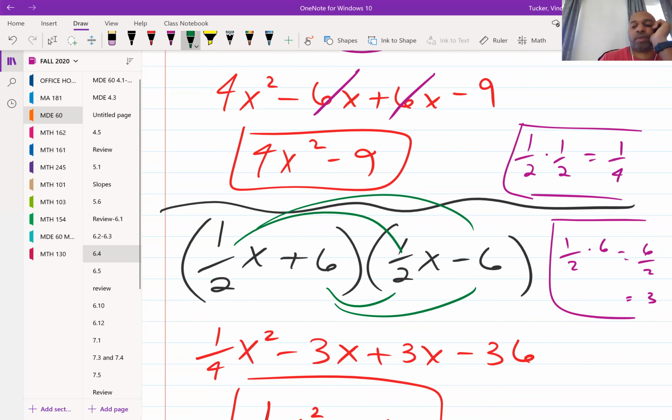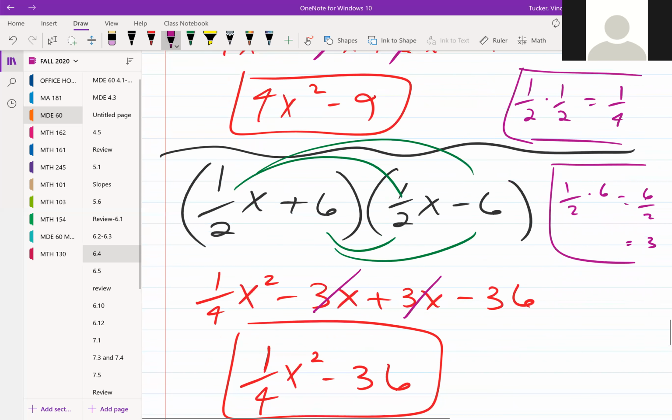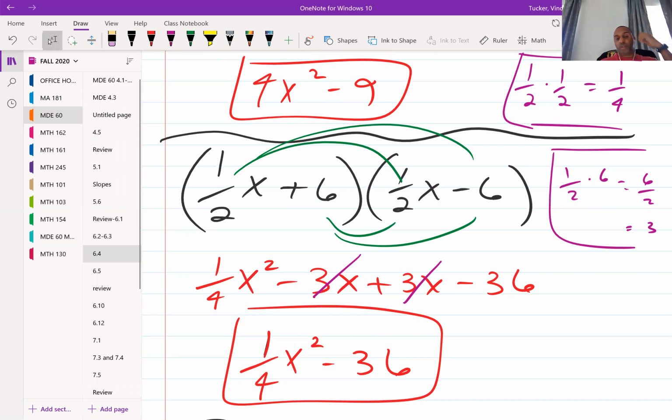Then I had to do 6 times 1/2, once again, is 3. And then 6 times negative 6 gives me that negative 36 in the back. So let me make sure I got this right. Distribute this to this, and we distribute this 6 to this. All right. Then we see our negative 3x and positive 3x cancel in the middle. That leaves us with 1/4 x squared minus 36.